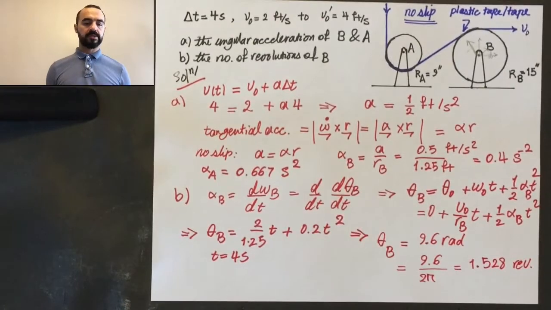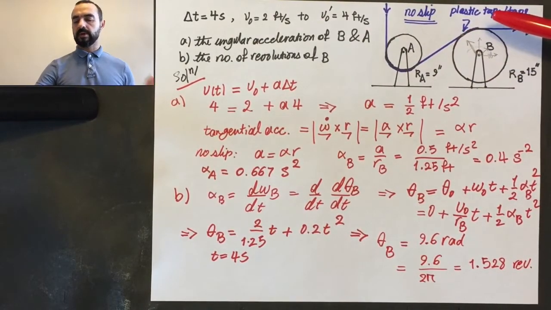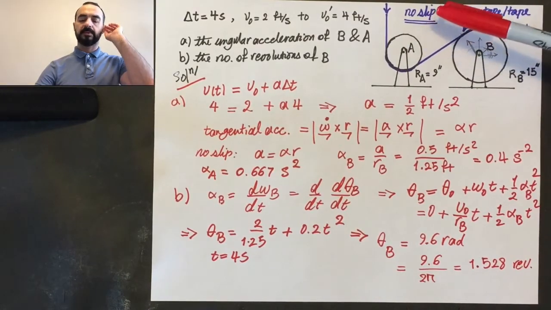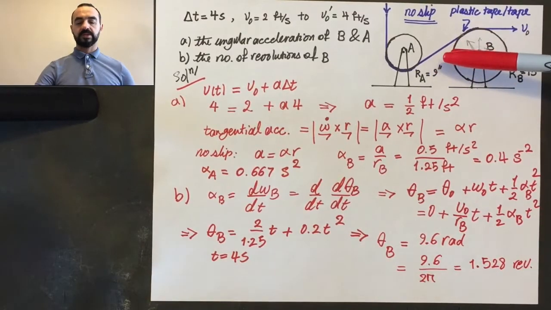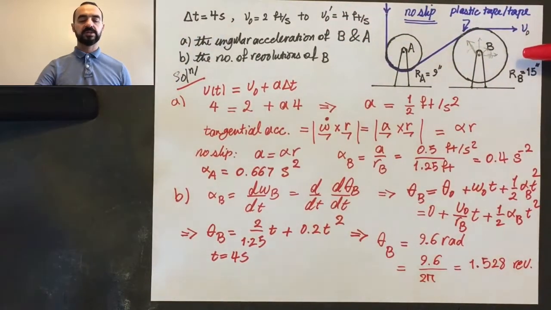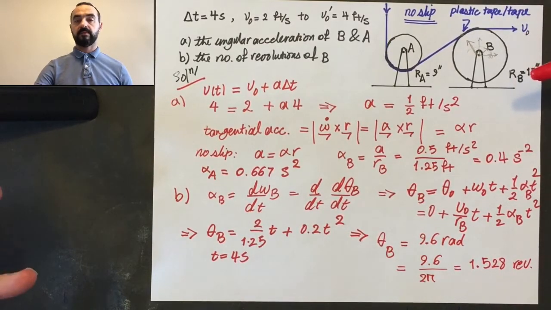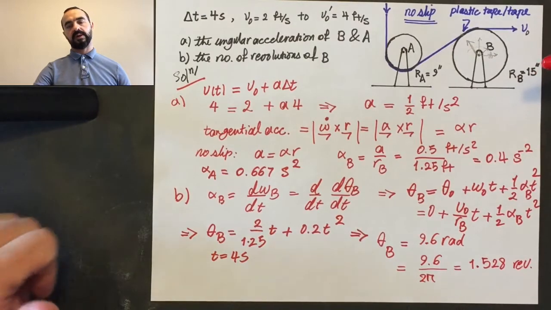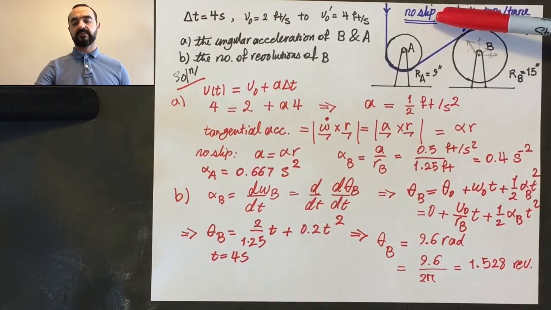All right, just to remind you again, let's review what we had. We had this tape going through these 2 wheels. The tape is already stretched. At this point, the distance between each 2 points on this tape does not change. The velocity of the tape goes from 2 feet per second to 4 feet per second. It goes up uniformly, so the acceleration is constant. So we computed the translational acceleration of the tape.